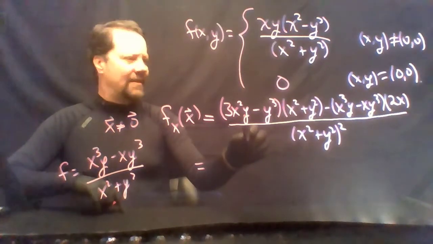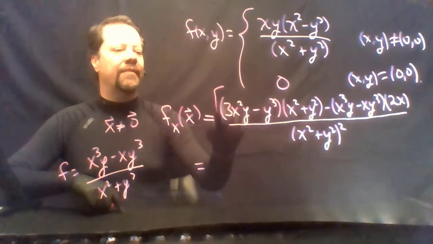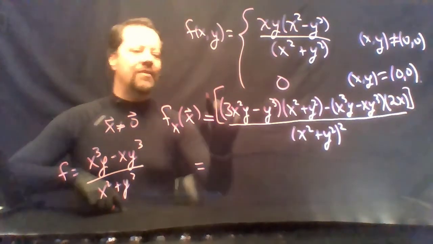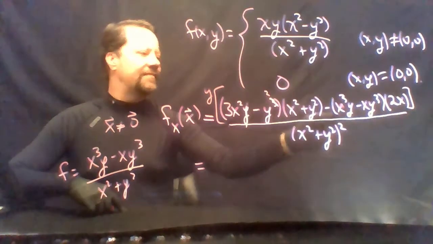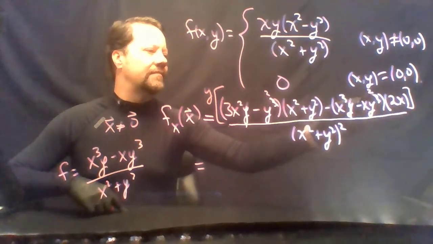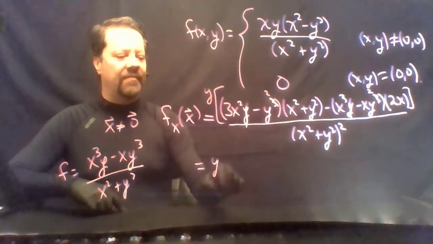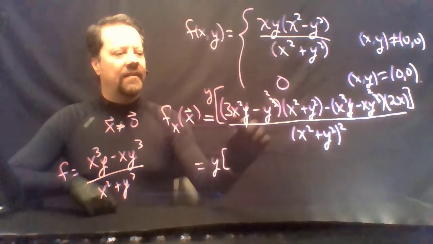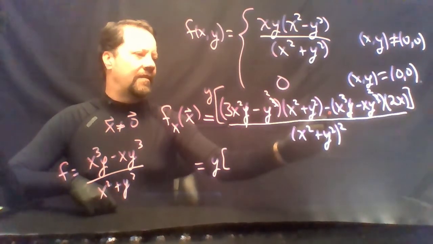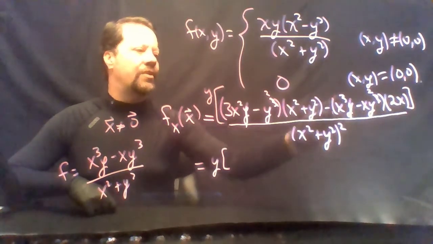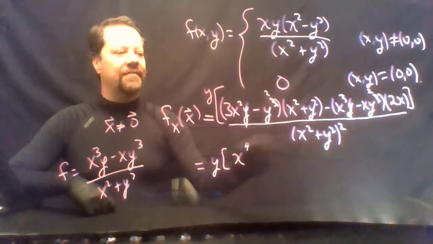How does this simplify? You can see that we can take a y out of both of the terms in the numerator. It's usually best to factor first if you can. And then we'll simplify. You can see that we'll have a 3x to the fourth minus a 2x to the fourth gives you x to the fourth.